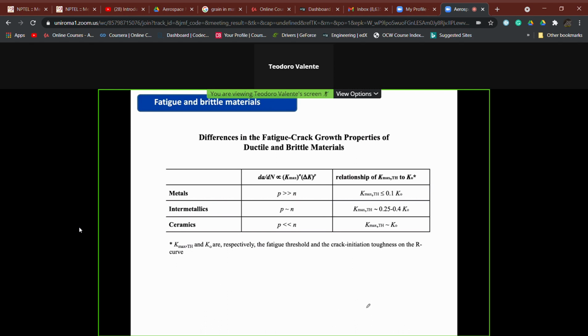And so for some special applications, like those I mentioned last time, for example flying objects with very high speed, we have tools available to predict the fatigue resistance.